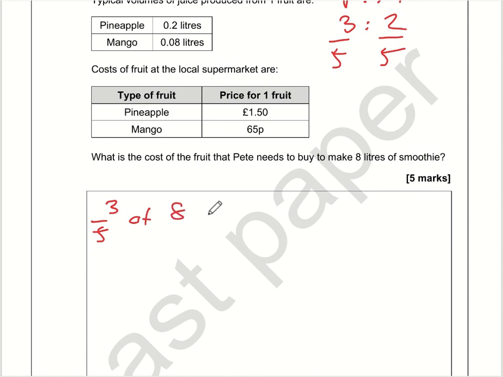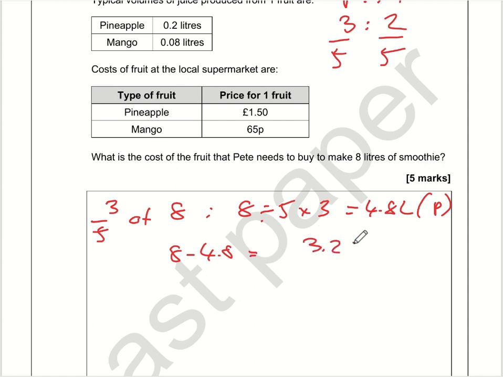Again, we're working out a fraction of a total, so that is our total divided by the number on the bottom, multiplied by the number on the top, and 8 divided by 5 times 3 is 4.8 litres, and that is pineapple, and therefore the rest is going to be mango, and 8 take away 4.8 is 3.2 litres, and that is mango.